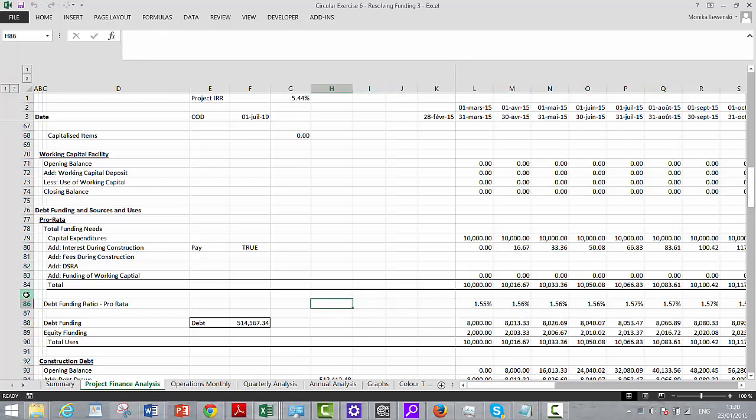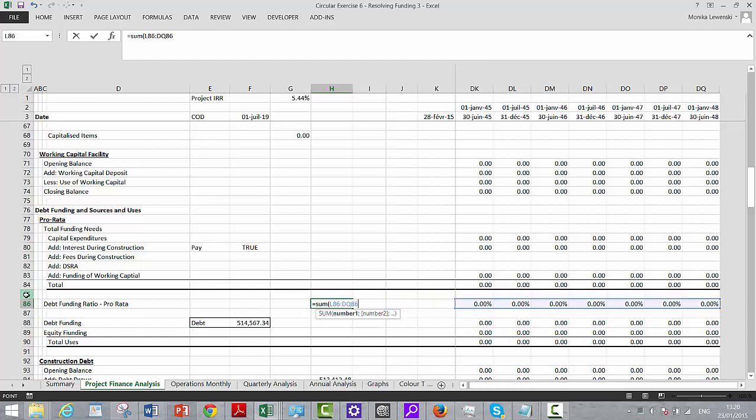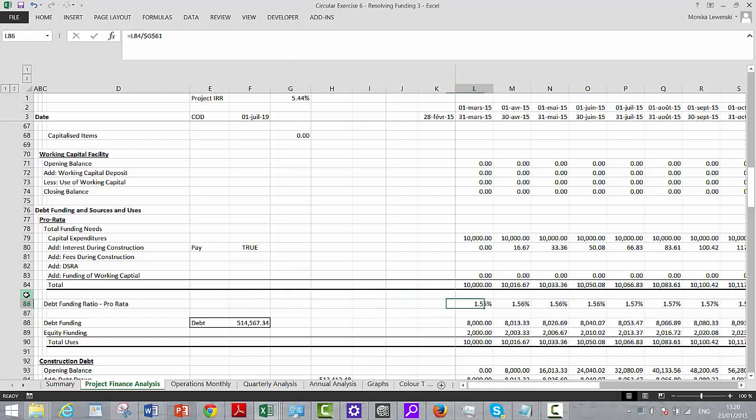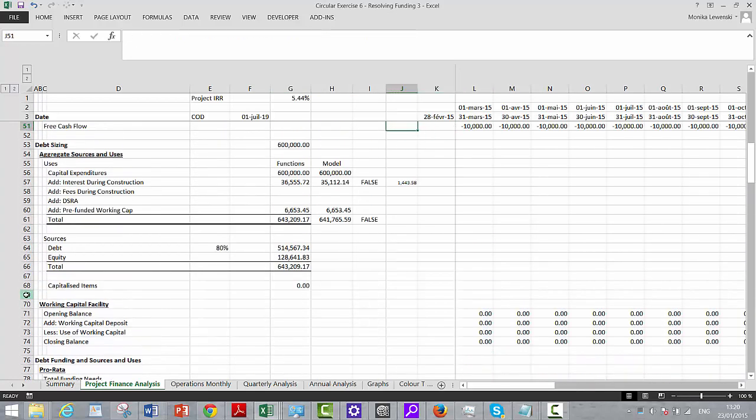Now we have a little bit of different ratios over time. And if we sum this, I don't get exactly that 100%. Oh, that's because now our formula is different.